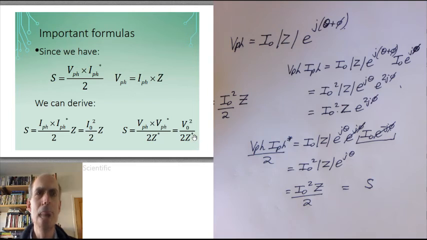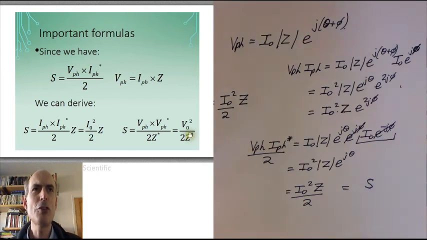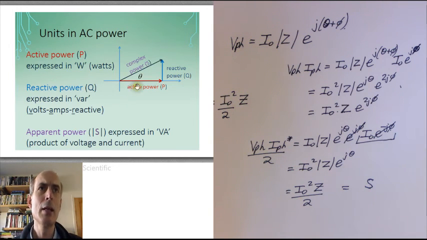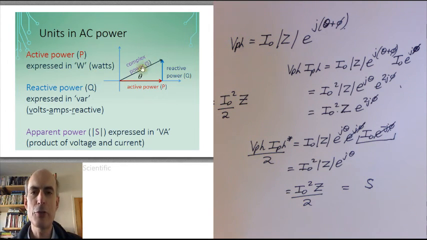And finally, before we go and do some examples which might make this a little bit clearer, I should just mention that there are some special units that are used when talking about AC power. The active power, that's the power that's actually lost to heat, actually leaves the circuit, is expressed in watts. The complex power tends to be expressed in units called VA, or volt amps.